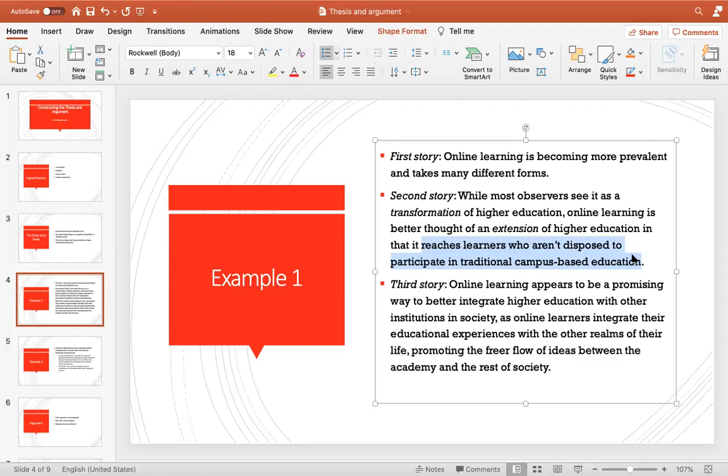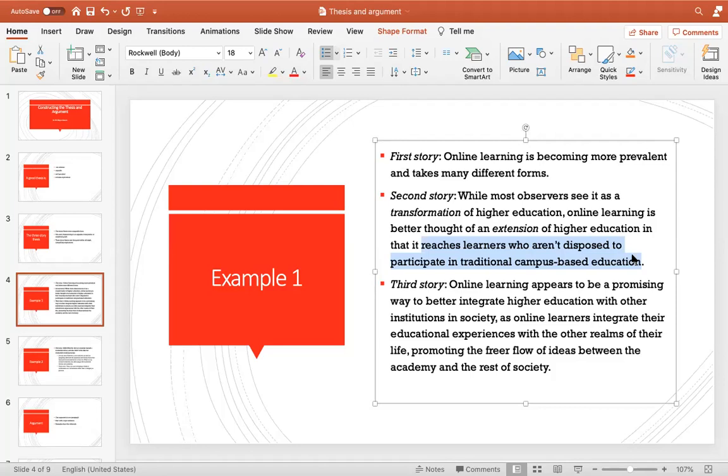So if you treat online learning as an extension of higher education, that means you will have the physical building of the university, and in addition to that, you will provide higher education online, so that the majority of the students can come to the campus to study, but for those who cannot come to the campus, education can reach their homes online.